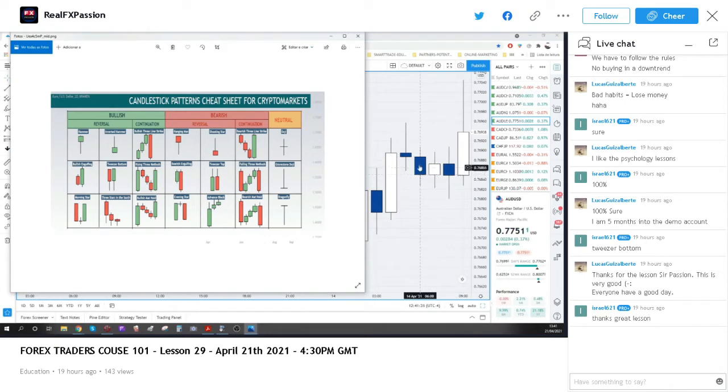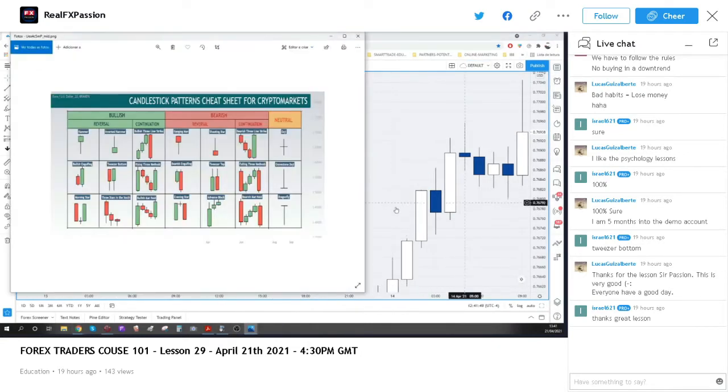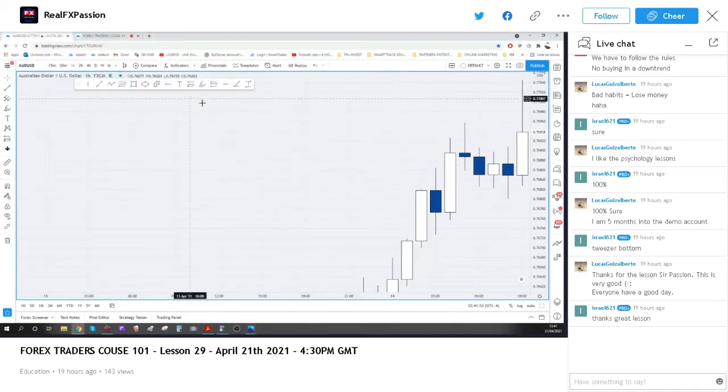And the next question is, who in here would like to enter? So let's go step by step, everybody, and we are going to delete this one, right? We don't need the currency pairs. Okay, so question number one, is this or is this not a bullish candlestick formation? 1, 2, 3, 4, right? Or 1, 2, 3 at least, right?